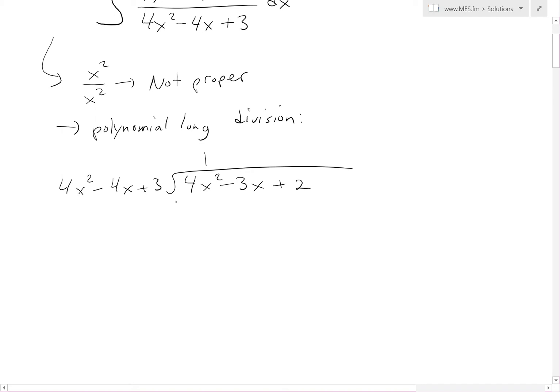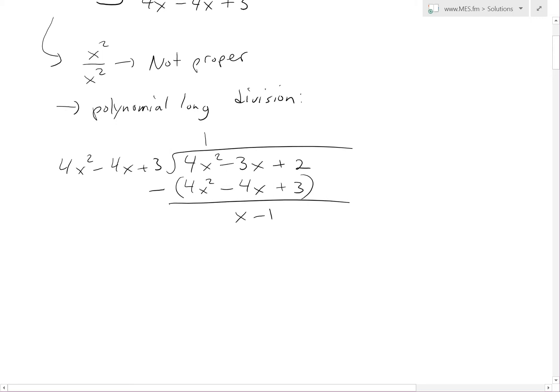So we multiply this whole thing, so we get 4x squared minus 4x plus 3. Now we subtract, and we get 0. Negative 3x minus negative 4x, that's plus 4x, so we get x. And then 2 minus 3 is negative 1.